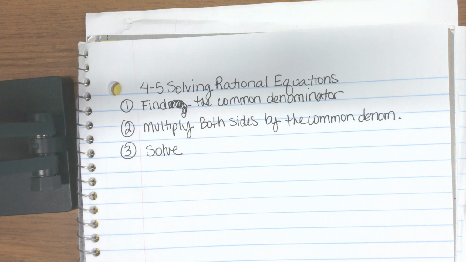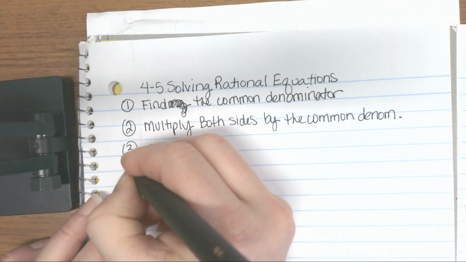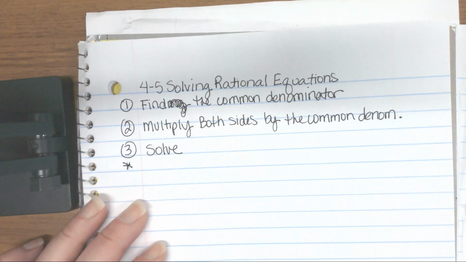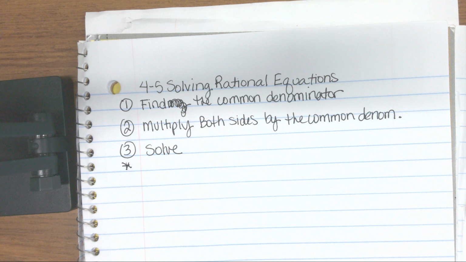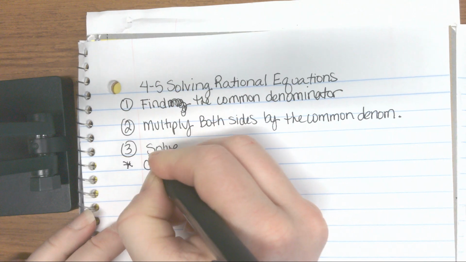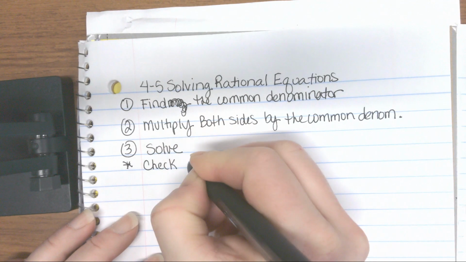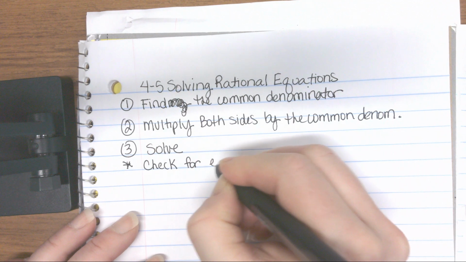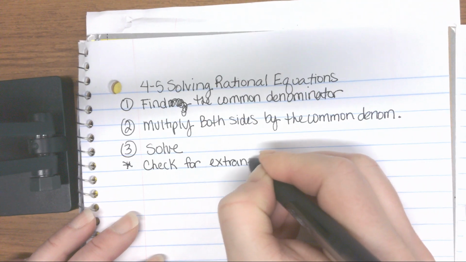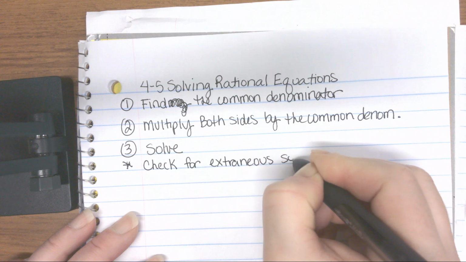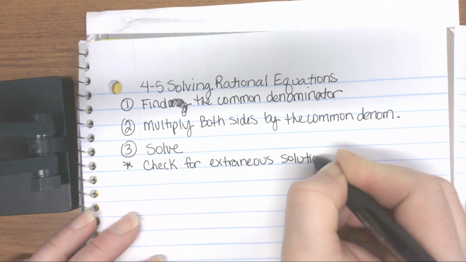One thing we have to be careful of on some of these is what happens because we clear the fraction is sometimes we get an answer that would have made the original fraction have a 0 on the bottom. And so we are always going to check for extraneous solutions. And that probably is a new word for you.